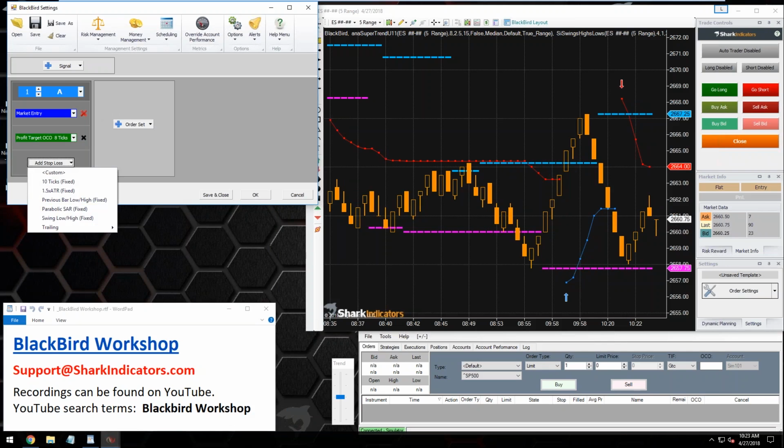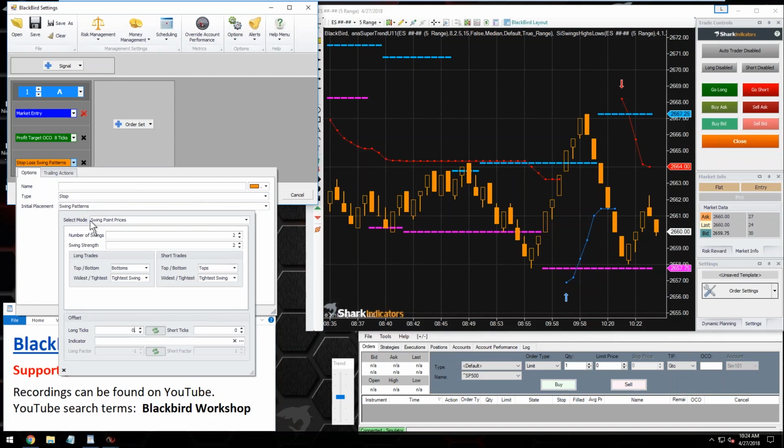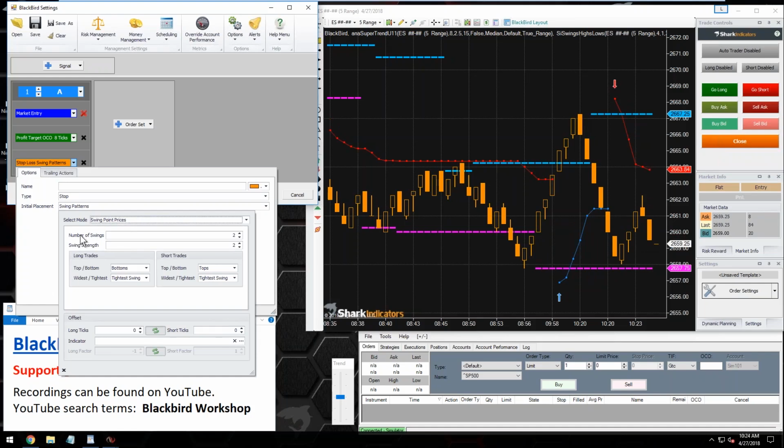All right, so now the stop loss here. We can start by using the swing low high setting there. You can see this is going to use the swing patterns. Basically, the swing patterns are just a built-in interface for the swing highs and lows.